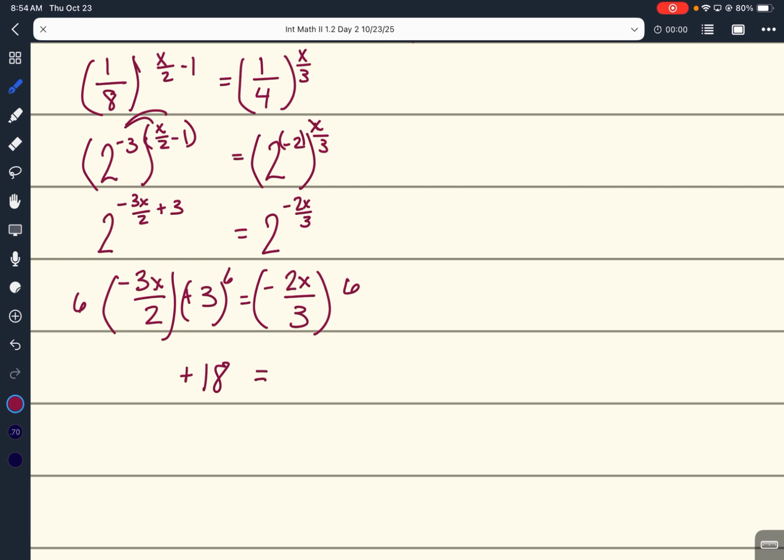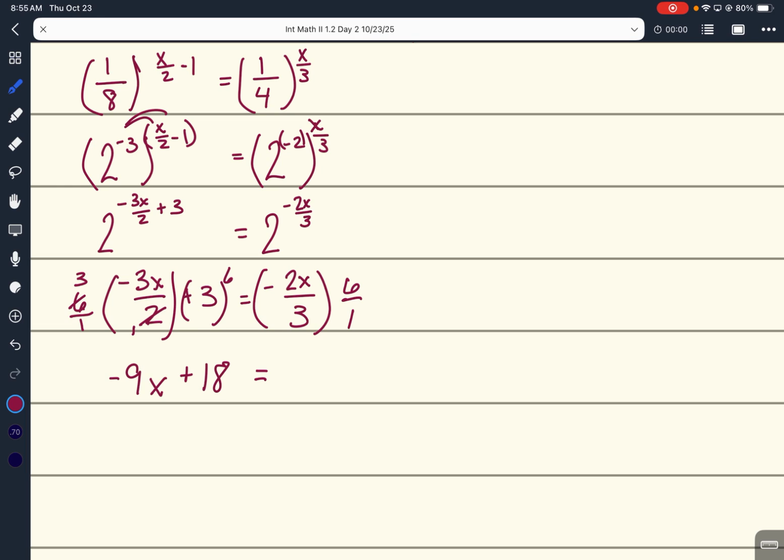Because it's a whole number. Yep. Remember, this is 6 over 1. So does 2 go into 6? How many times? 3. So 3 times negative 3x is negative 9x.